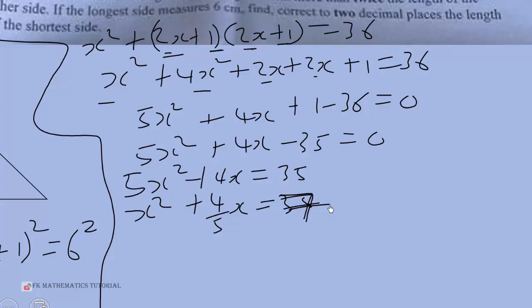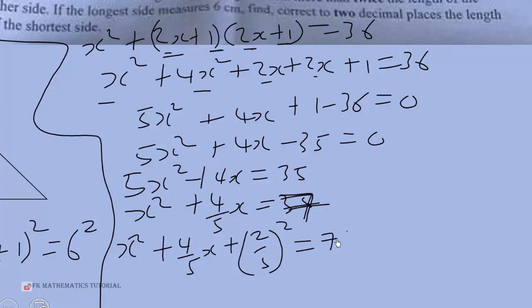Okay. So now I'm going to add half of these to both sides. So I'm going to get x squared plus 4 over 5x plus 2 over 5 squared is equal to 7 plus 2 over 5 all squared.